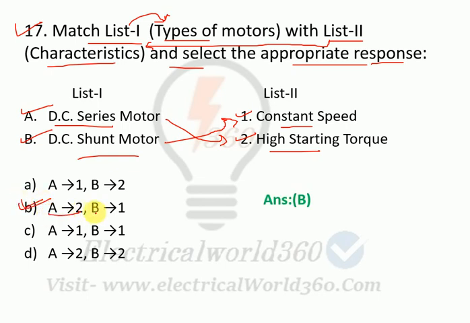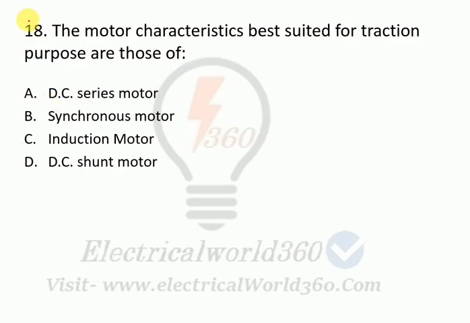Okay. So this is the question number 18. The motor characteristics best suited for traction purpose are those of DC series motor, synchronous motor, induction motor. Induction motor means we can take it like 3-phase induction motor or single phase induction motor.